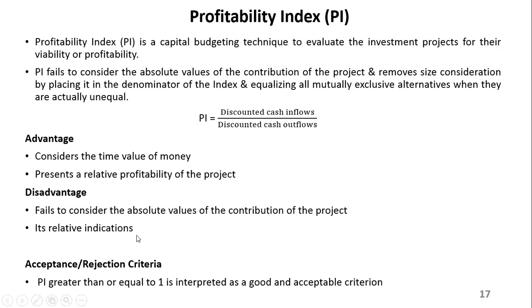It can be a little bit tricky because it might not fully give you a good indication of whether the entire project is good or not. So maybe you will need to use it with other techniques. And when it comes to acceptance or rejection, if the profitability index is more than one, it means the project is good. You can easily get a return on your investment.